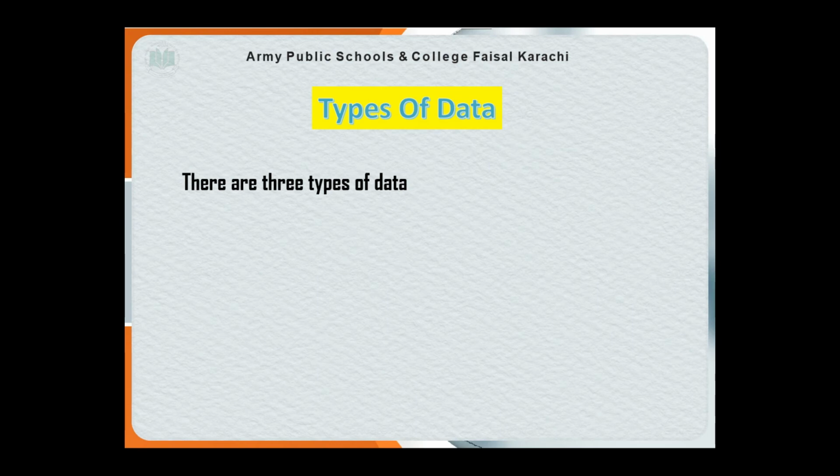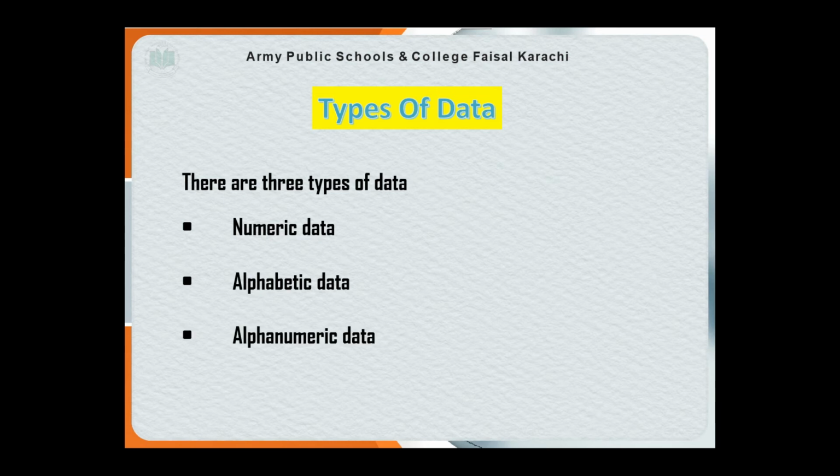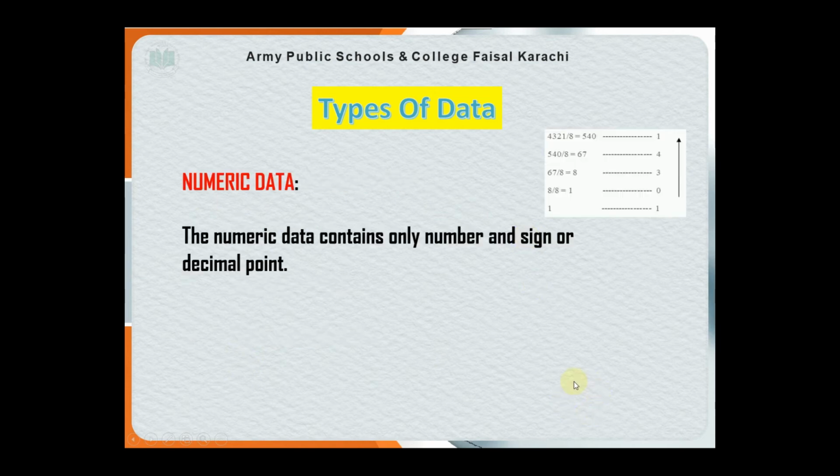So we have different types of data. Number 1, numeric data. Number 2, alphabetic data. Number 3, alphanumeric data. Now we can understand about these types of data. First, numeric data. This is a very simple data. In computer language, numeric means numbers, digits.